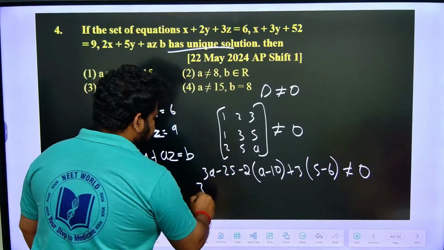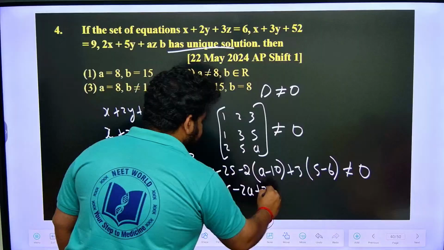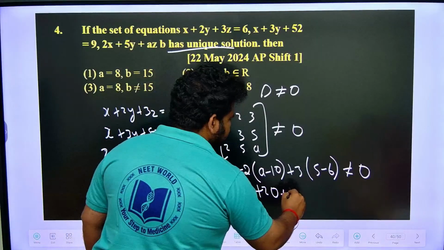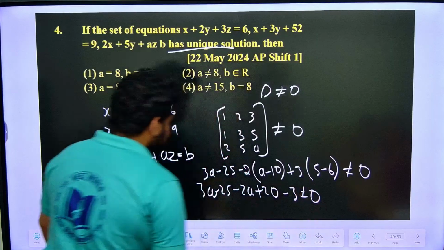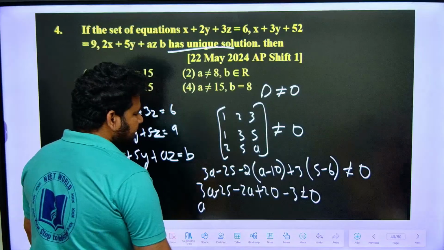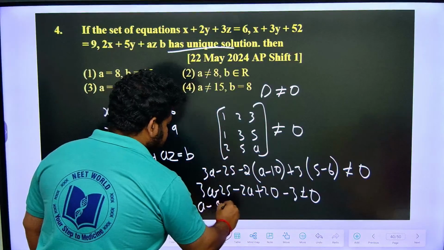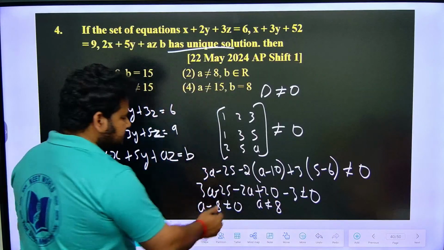So 3a minus 25 minus 2a plus 20, minus 3 is not equal to 0. 3a minus 2a is a. Minus 25 plus 20 is minus 5, minus 3 is minus 8. So a minus 8 is not equal to 0, so a is not equal to 8.